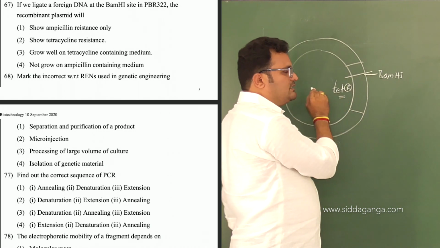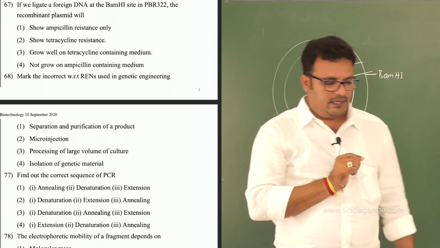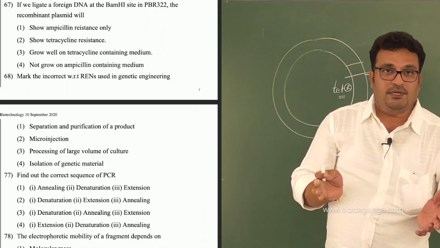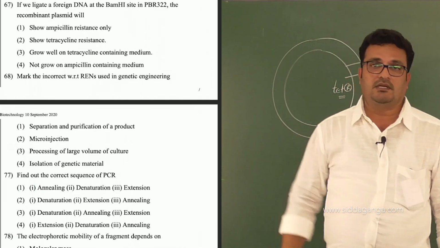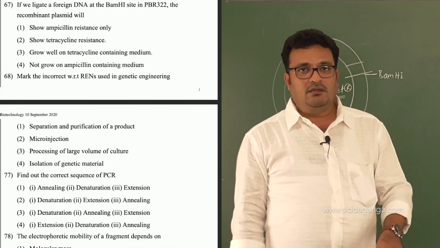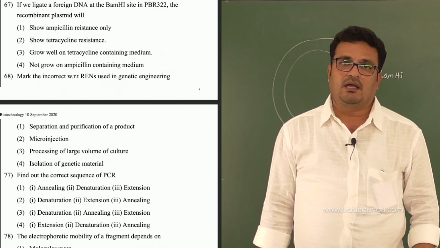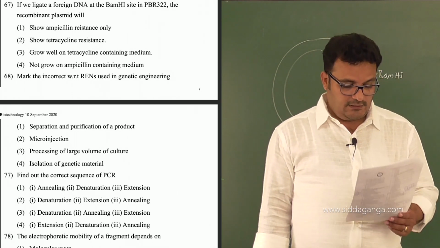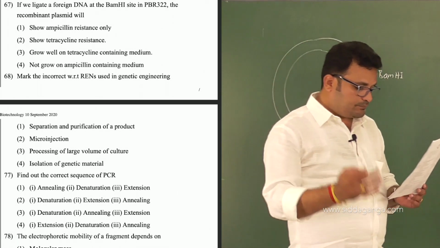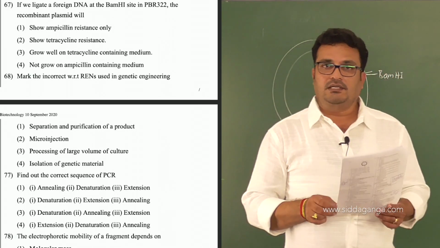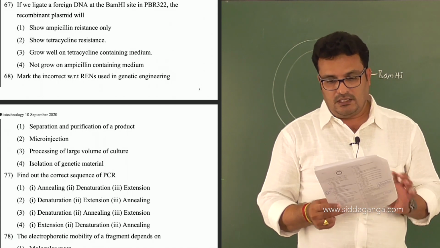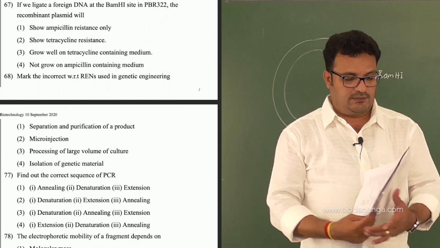The tetracycline resistance gene gets damaged, and the plasmid is unable to survive in the culture medium consisting of tetracycline, and has resistance only against ampicillin, right? So based on that, it will show ampicillin resistance only. That is the answer, right? It will lose the tetracycline resistance.